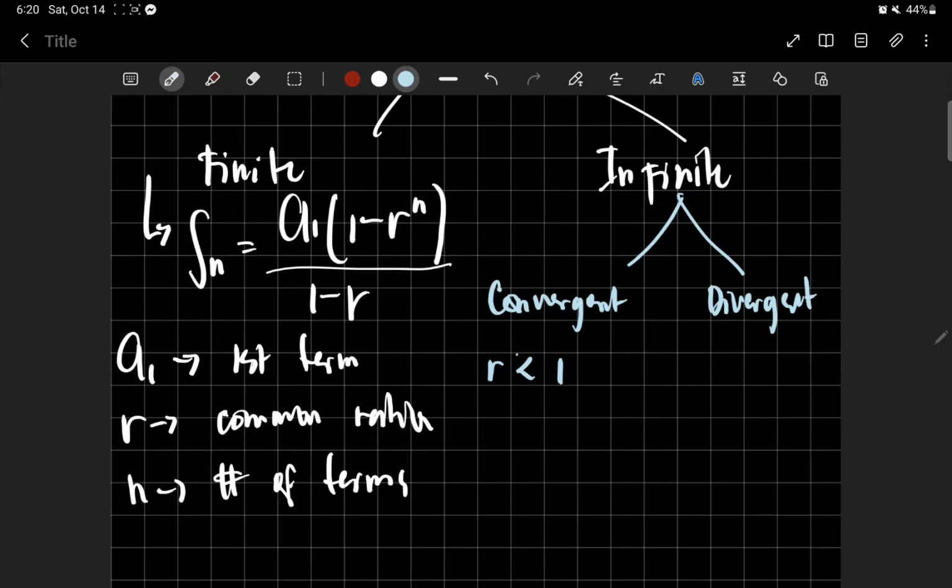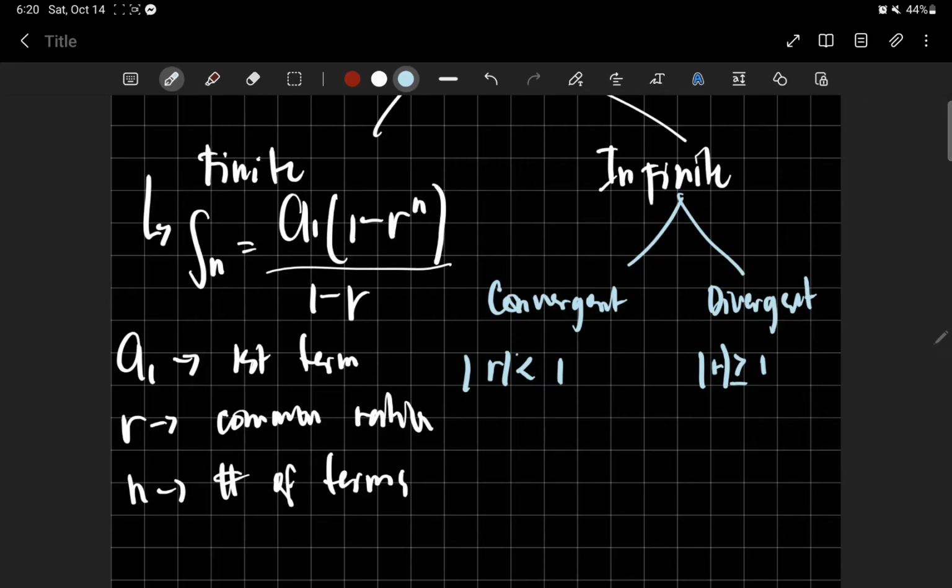Okay, so when the common ratio is less than 1, that is convergent. But when the common ratio is greater than or equal to 1, that is divergent. And the common ratio should be in an absolute value.